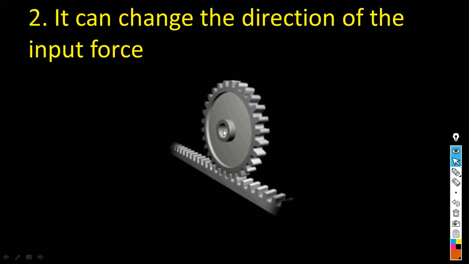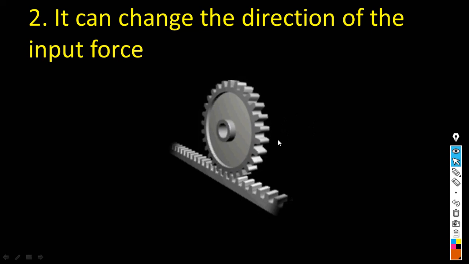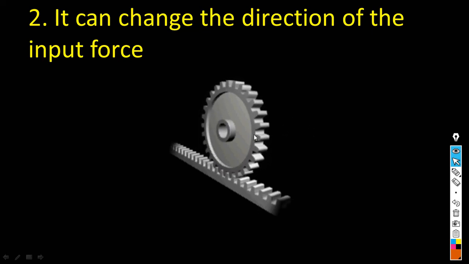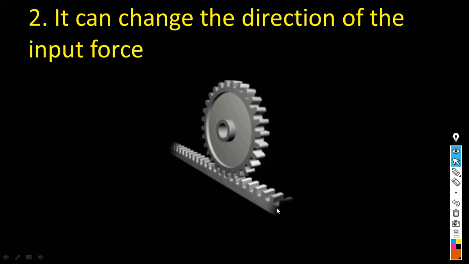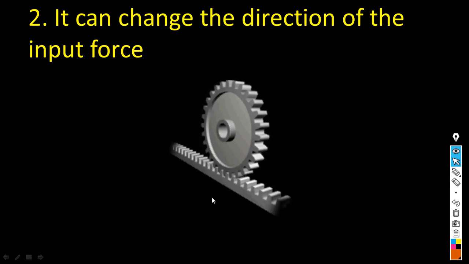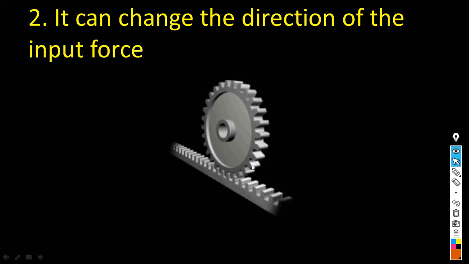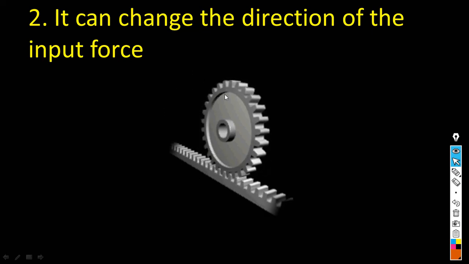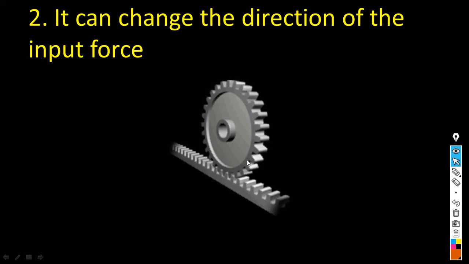Okay, this rack is moving this gear, or you can see it from the other perspective. If you move this gear in a rotational way, that motion is going to produce a linear motion of the rack. So you can convert linear motion into circular motion, or circular motion into linear motion. So you're changing the direction of the motions or the forces that you're applying.